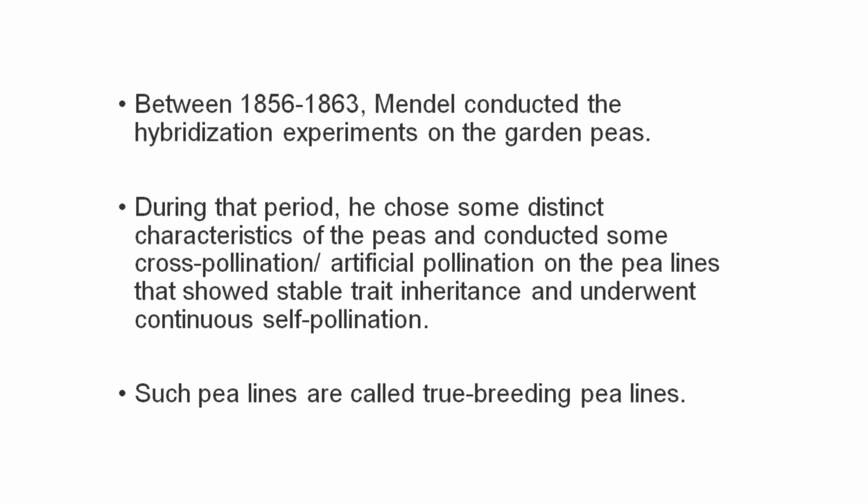That's how he understood the inheritance process, that is heredity, how genetic material passes from parent to offspring generations. By conducting these experiments he understood stable trait inheritance through continuous self-pollination. Such pea lines are called true breeding pea lines.